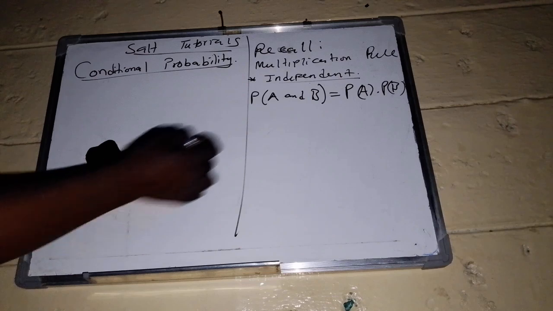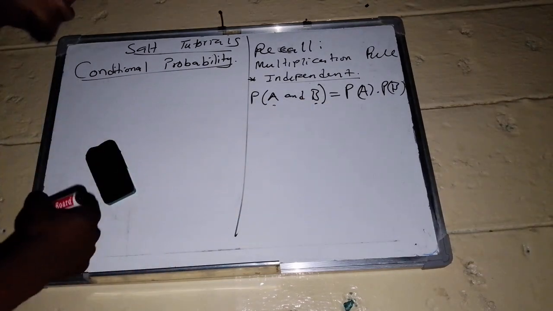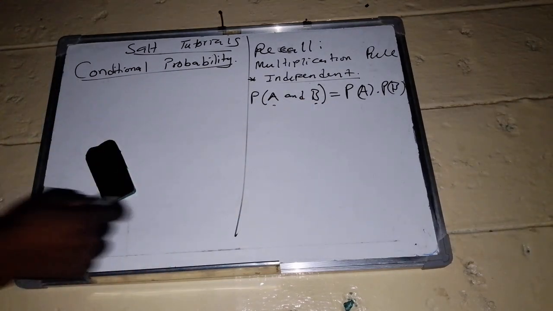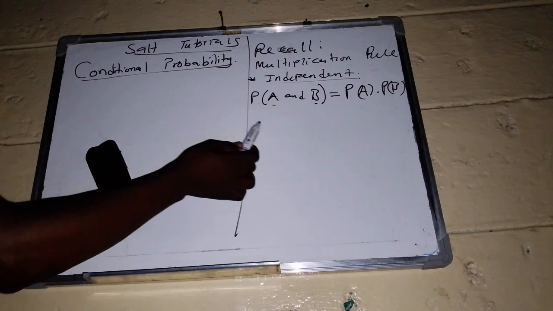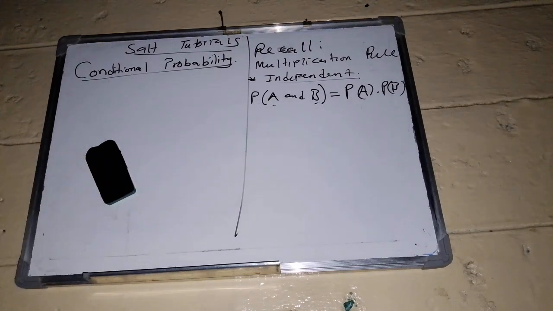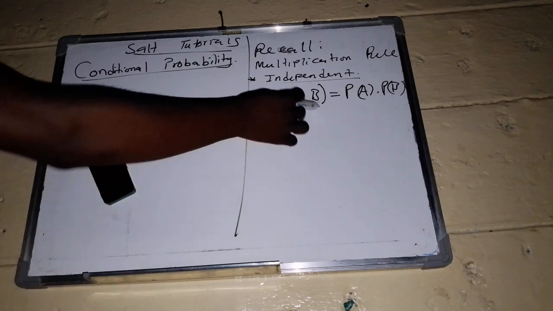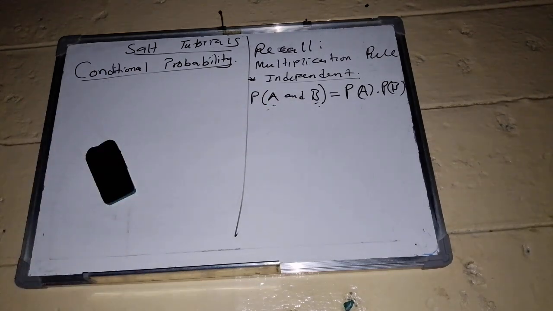So if A and B are independent, the occurrence of A does not affect the occurrence of B. These two probabilities are not affecting each other.